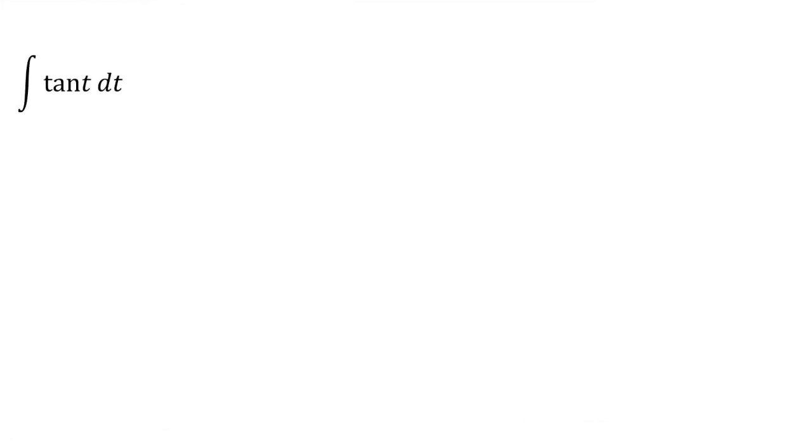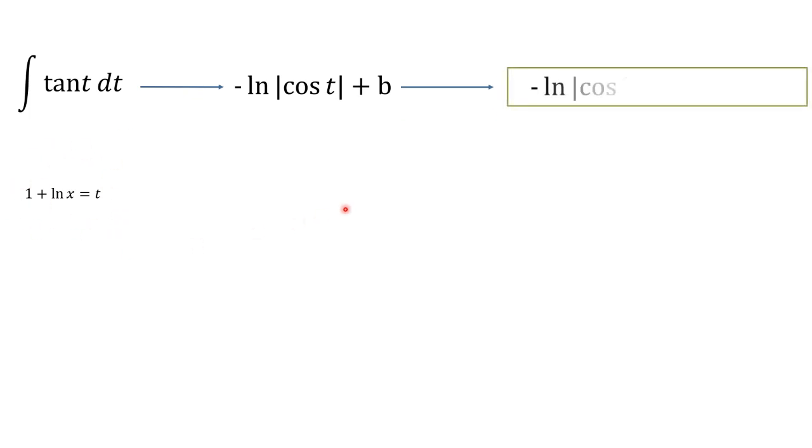Integrate that also: integration of tan t is a very standard formula, minus of ln of mod cos t plus b, where b is again a constant of integration. And t was 1 plus ln x, so that is minus of ln of mod of cos of 1 plus ln x plus b.